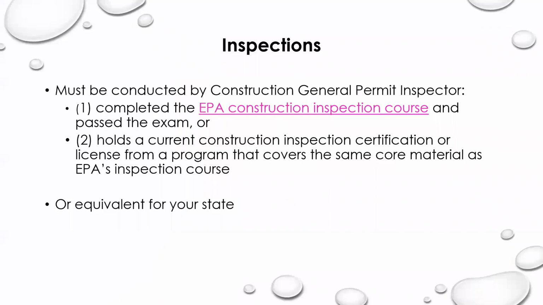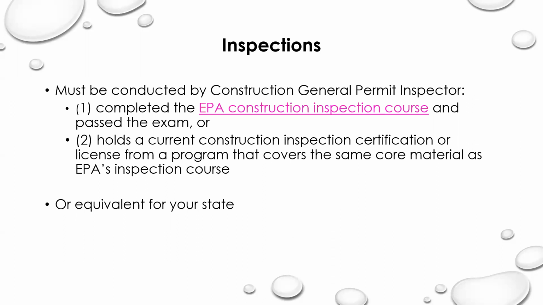So one thing that is not included in the industrial permitting that is something that you have to do for construction stormwater is you must inspect using a construction general permit inspector. This is someone who has completed an EPA construction inspection course and passed the exam, or that holds a current construction inspection certification or a license from a program that covers the same material as the EPA inspection course. And you would have to also pass the EPA exam for this to be considered.